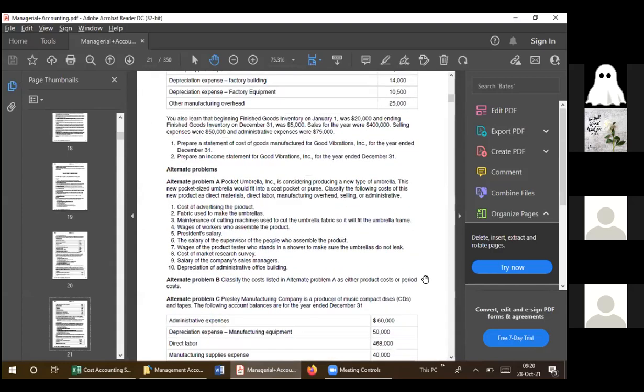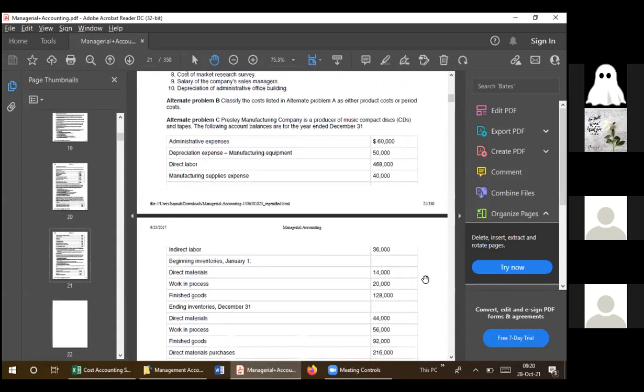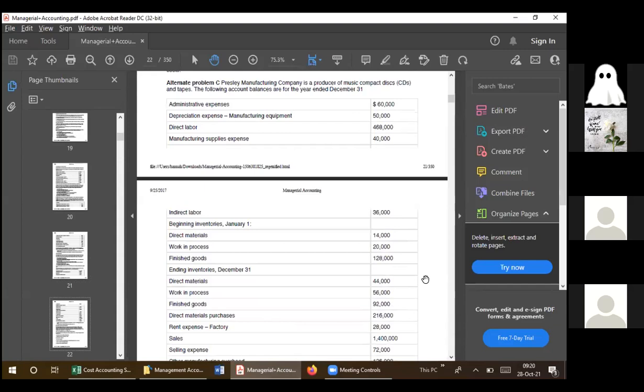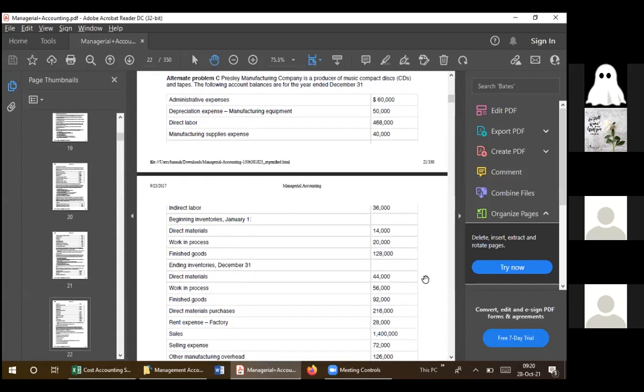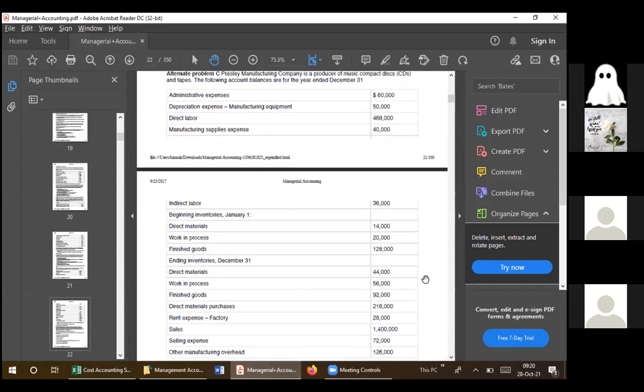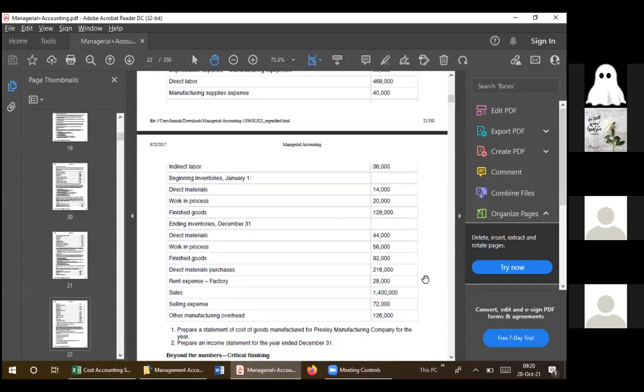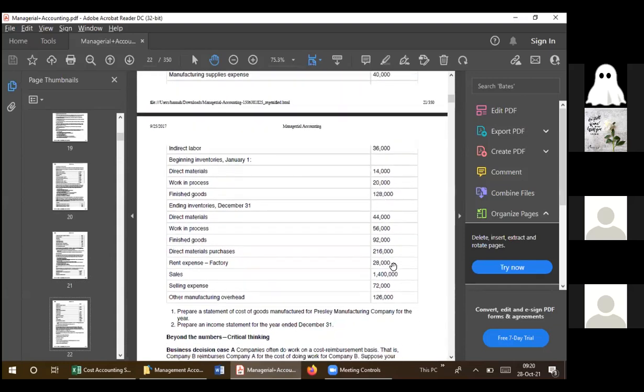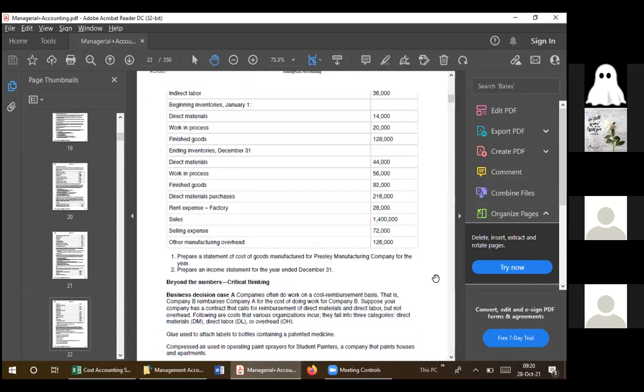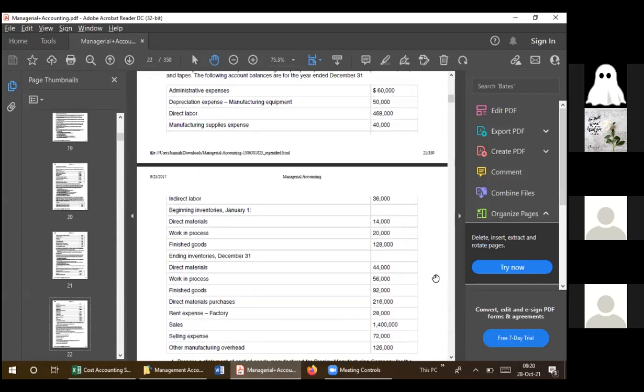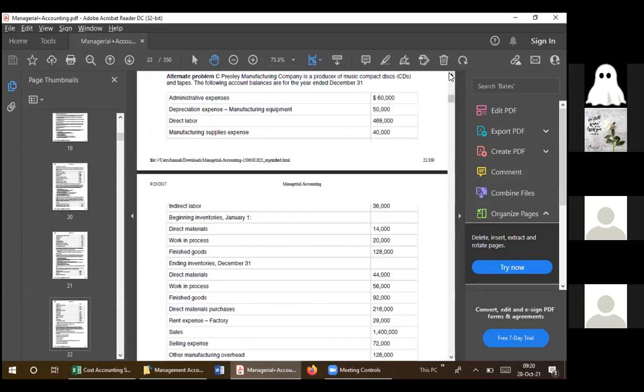Next, we have anything else? We have alternate problem C here. Yeah, everything looks right. So yeah, let's start solving problem number C then.